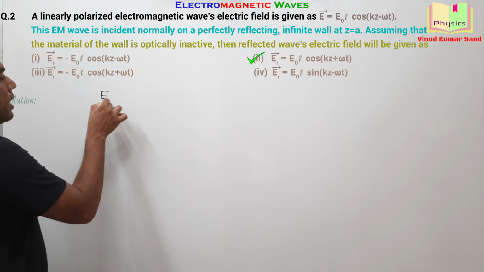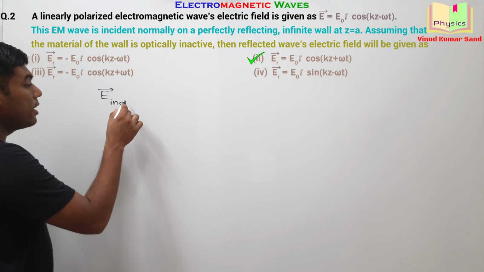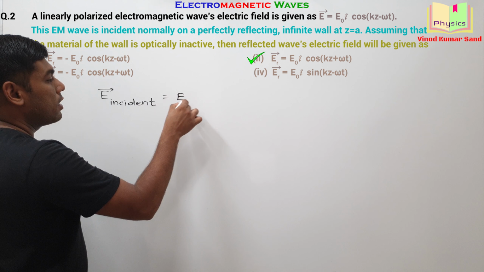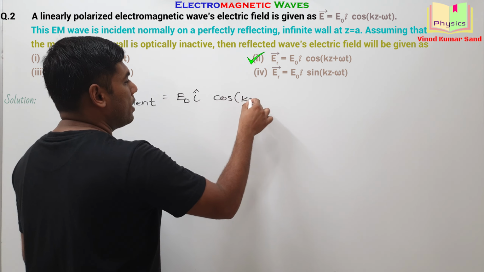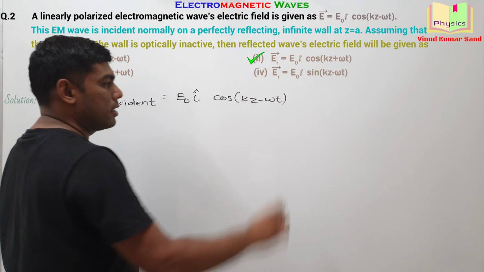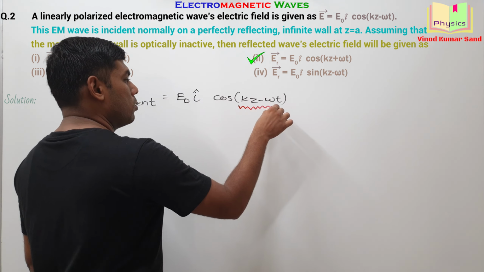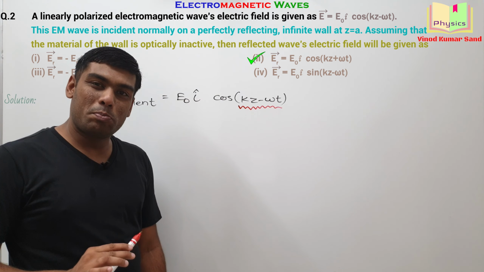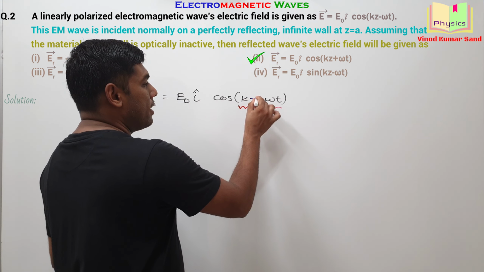We know the expression of the electric field associated with the incident EM wave, that is given as E naught i cap cos of kz minus omega t. If we pay attention to these parameters, we can easily determine the direction of the propagation of the wave. See here, z is present.